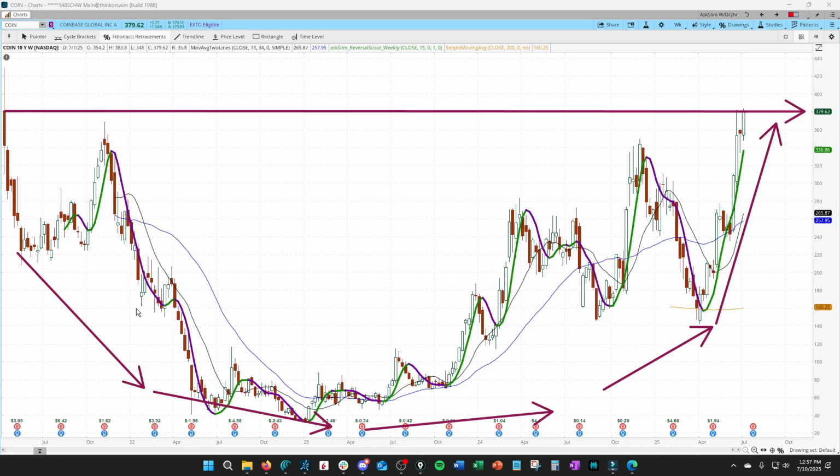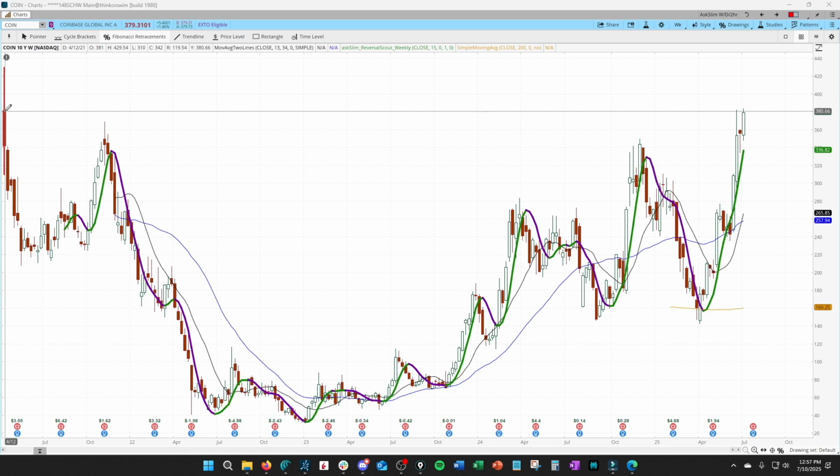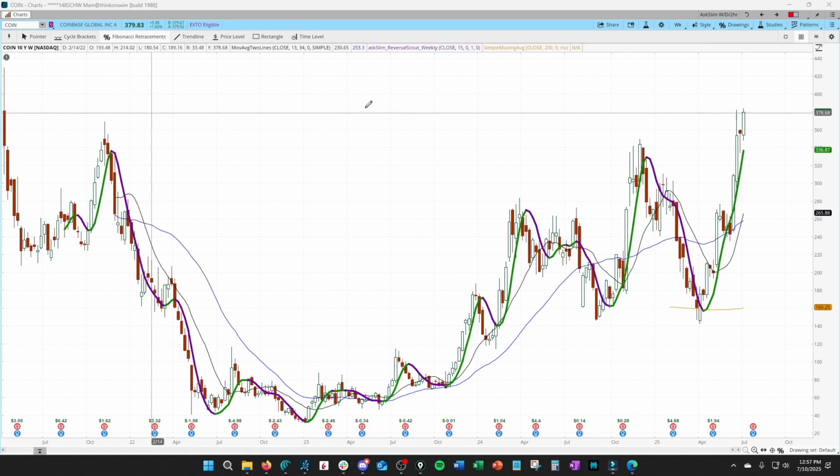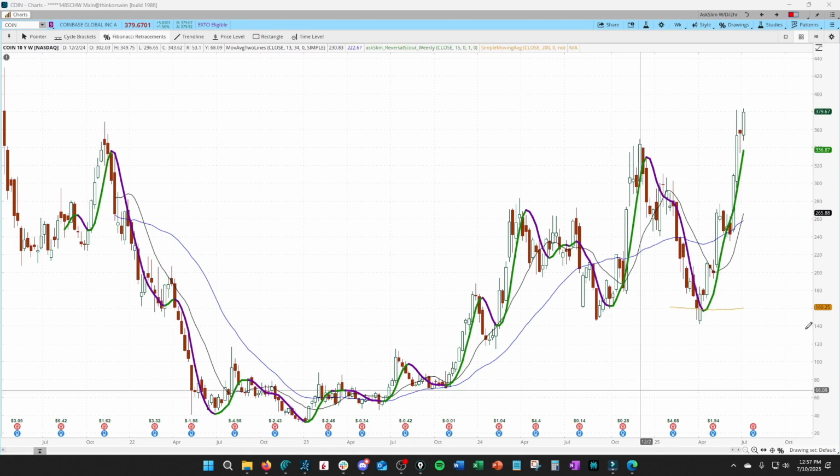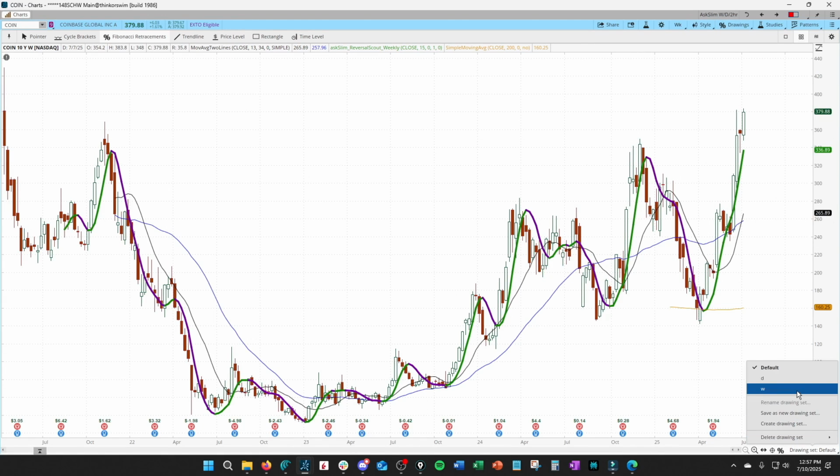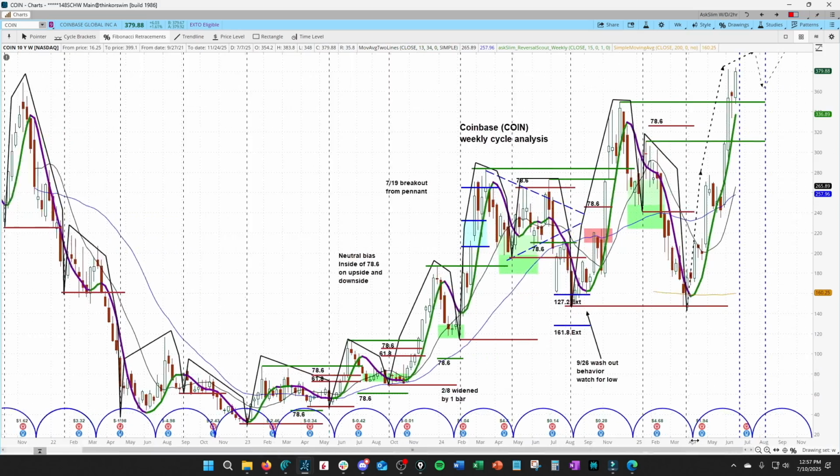Absolutely massive. This is what I think is showing you what is possible in COIN. While this has had a huge run, we are just really working our way back to where we actually IPO'd back there. So it's critical to understand this longer time frame and what is really going on here.